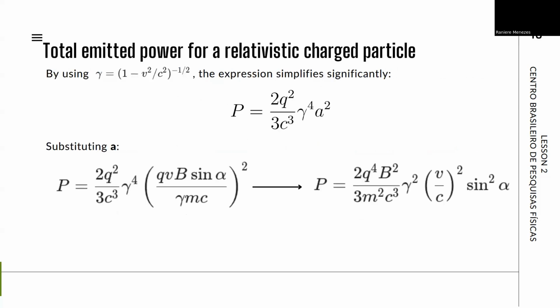Now, a few slides ago, I showed you that the derivative of the relativistic momentum in a magnetic field is equal to the Lorentz force. This is very clear, no? Then we isolated the acceleration, and now we can take that acceleration. I found it here.